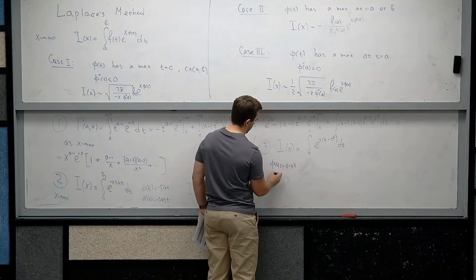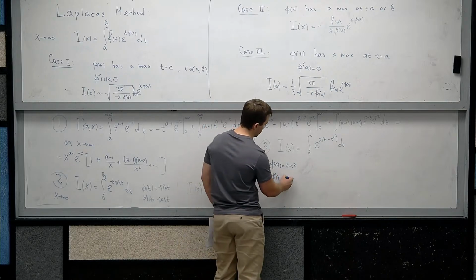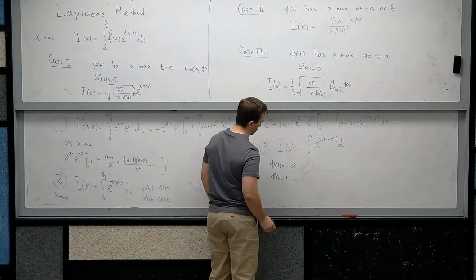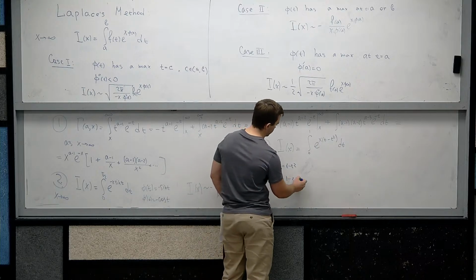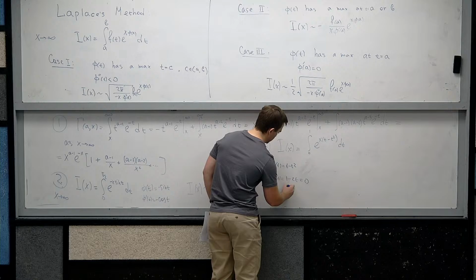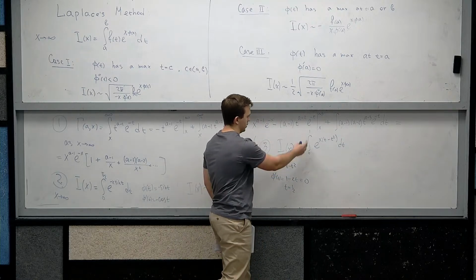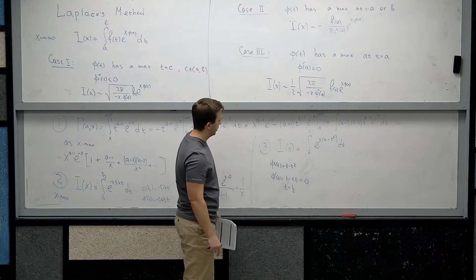To find the maximum, take the derivative, and it's 1 minus 2t. Make it equal to 0, and t is 1/2. So this point is inside the integration domain.